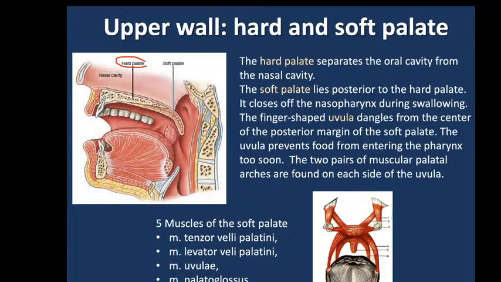Here is musculus tensor veli palatini. And this one is called musculus levator veli palatini. So these are muscles that move the soft palate up. And these are the uvula muscles here, and two inferior muscles.